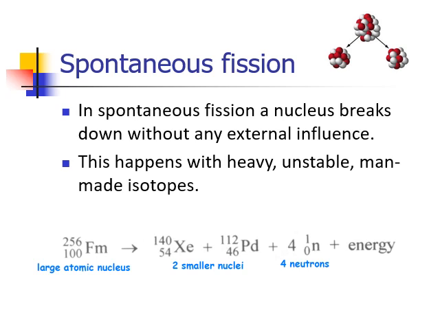This happens with heavy and unstable, particularly some certain types of man-made isotopes as well. So we have a large nucleus and we have two smaller nuclei, and we can see a reaction below there. And within these reactions we get energy produced as well.